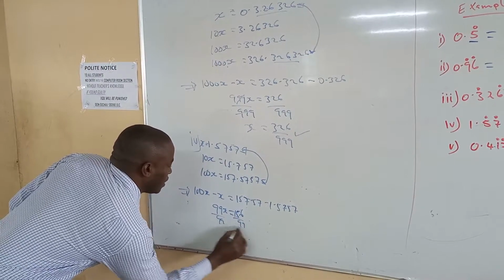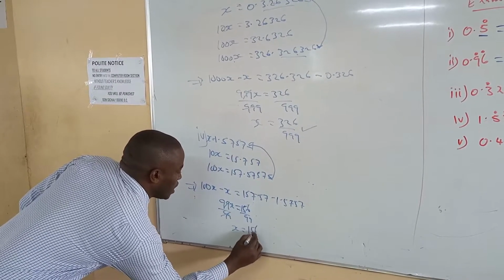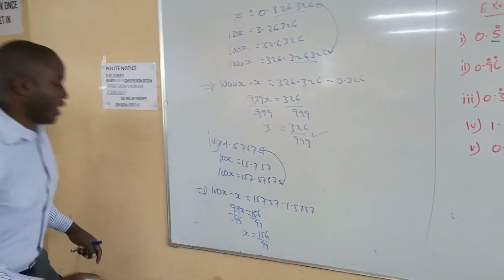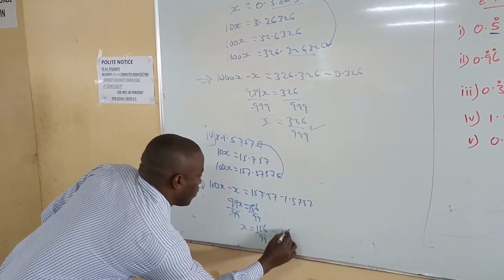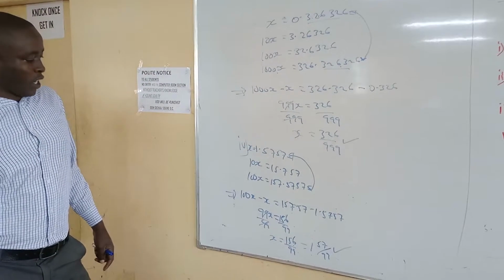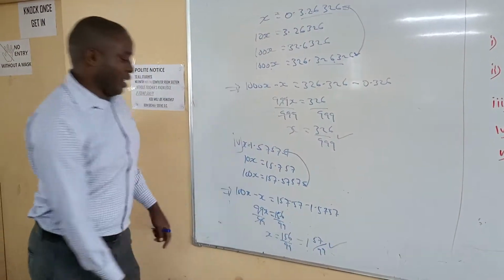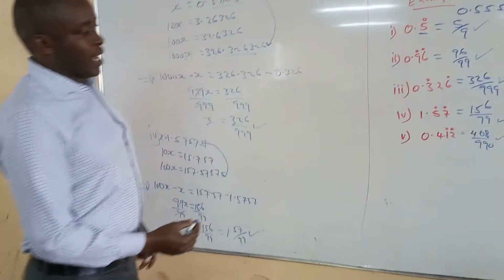These cancel. So we shall have x equals 156 all over 99. You can go further and have it as 1 and 57 out of 99 in mixed fraction. But in improper fraction, that is the answer. So that is what we also got. We got the same answer.